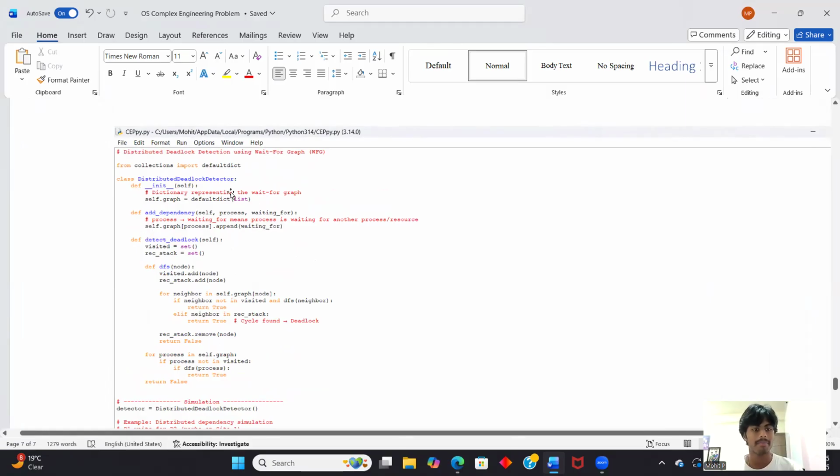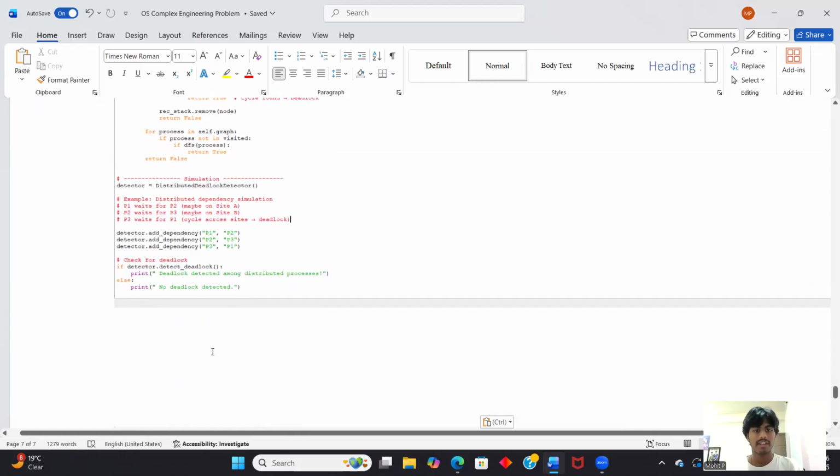In this method, detect deadlock takes self, visited as a set, and recursion stack as a set. We'll be using DFS here because we need to find cycles. Visiting adds the node, and this is all the common DFS code.